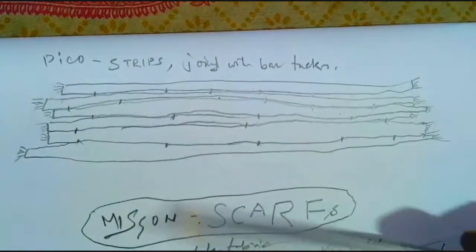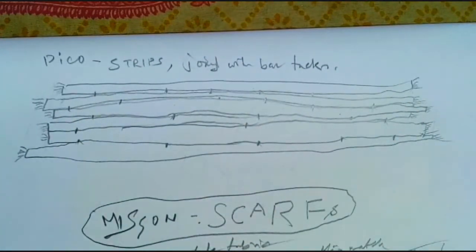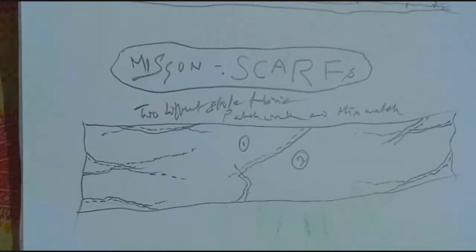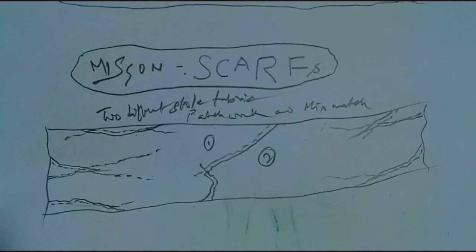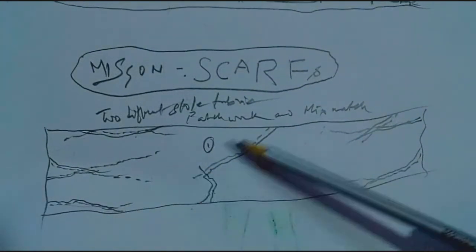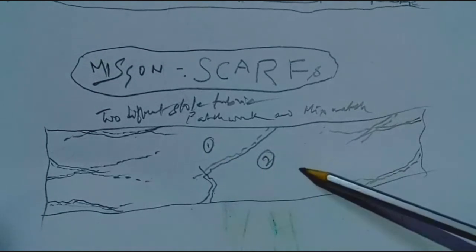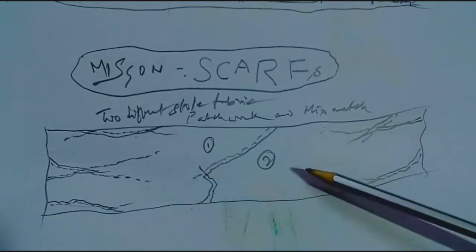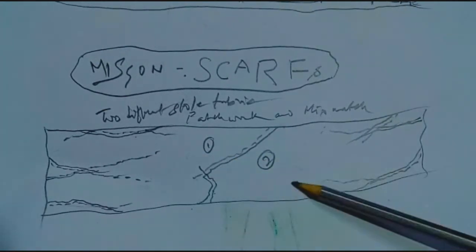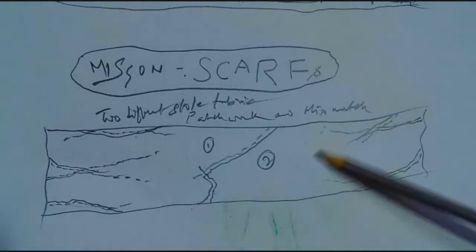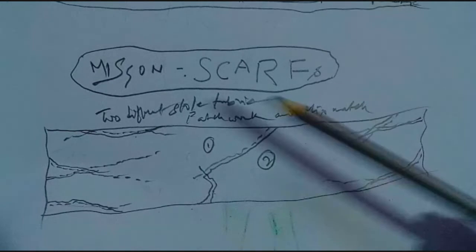So there are like 3 to 4 concepts I've developed, and I wish that each and every concept will have multiple combinations. For example, this one is joined from the center. There are 2 different patterns. This is another pattern, this is another pattern. There are different kinds of fabrics of the same genre, or maybe multiple genres, doesn't matter. Maybe this is too transparent, or this is too translucent, or maybe this is heavy and this is light.